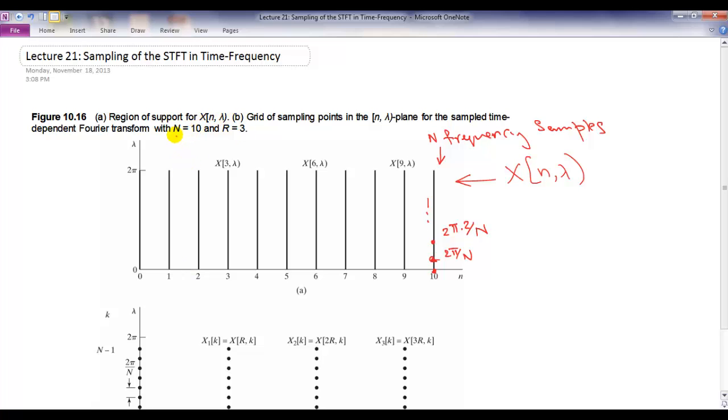In this case, N equals 10, which is the number of samples you are going to collect in the frequency domain, and R equals 3, which means that you are going to keep every rth time sequence and throw away the other R minus 1 sequences. So you throw 1, 2, keep 3, throw 4, 5, keep 6, throw 7, 8, keep 9, and so forth.